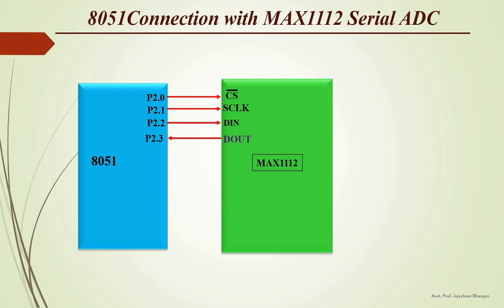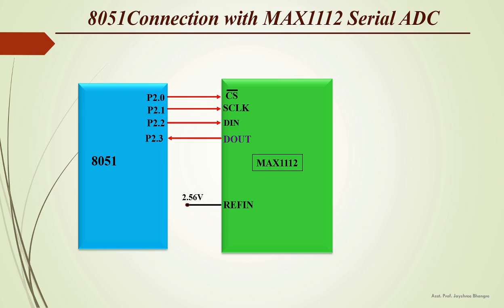D out is the output pin that is connected to the P2.3 pin of the 8051. So at this pin we can read out the digital data bit by bit.